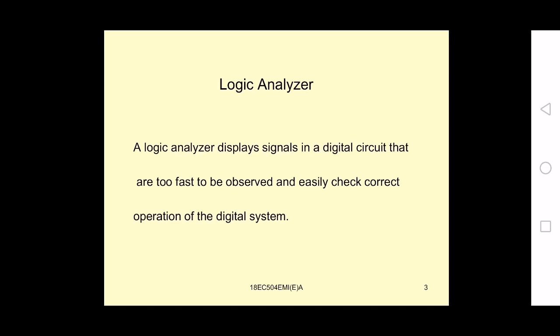As we have already discussed, the logic analyzer is used for microprocessor and CPU based systems, that is, the digital domain. It displays the signals in digital circuits, which are too fast to be observed, and lets us easily check the correct operation of the digital system.